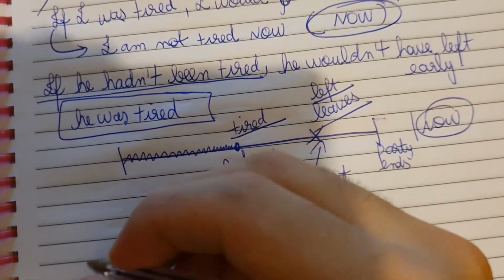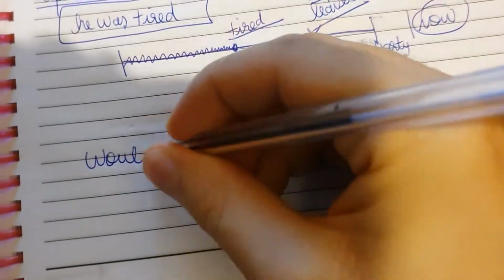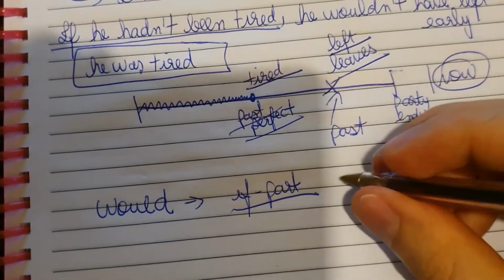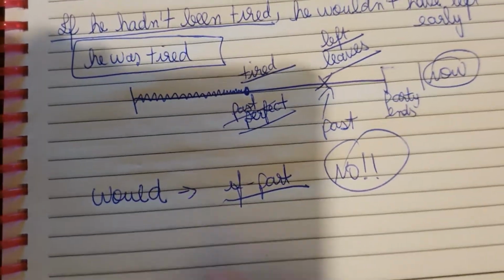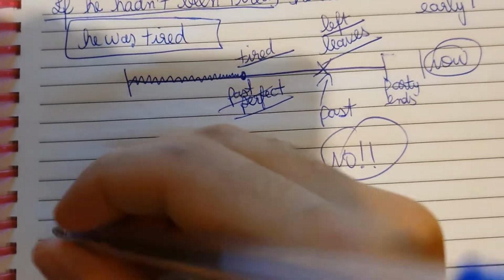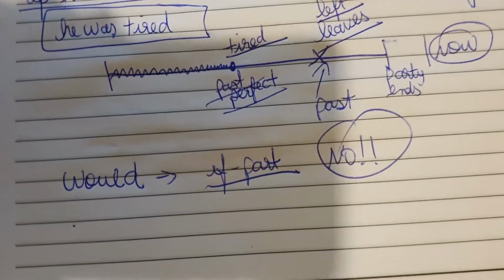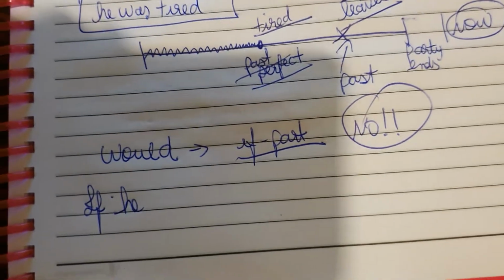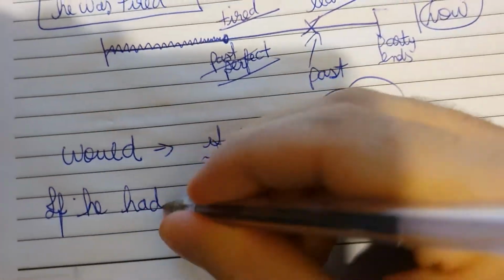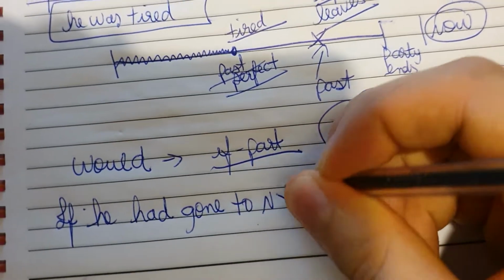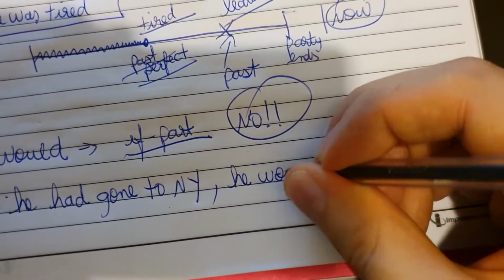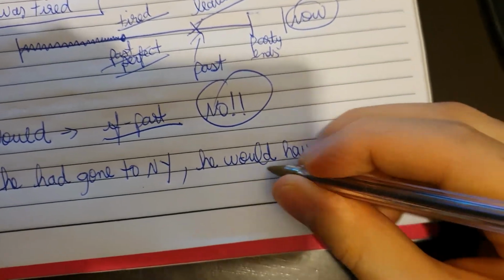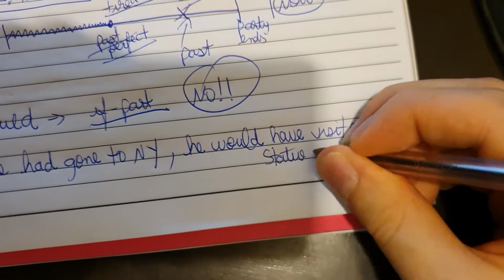Is it possible to use would in the if part of the sentence? Is it possible? No, it's not possible. You have already studied this, okay? So when you say, if he had gone to New York, he would have visited the Statue of Liberty.